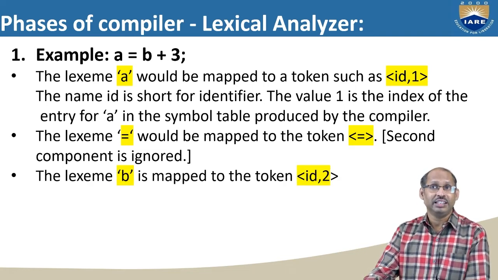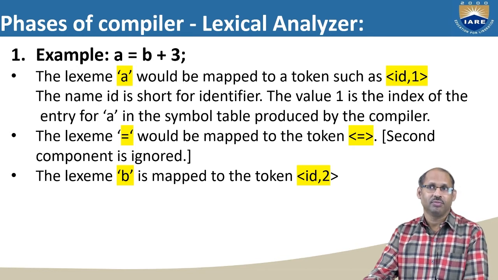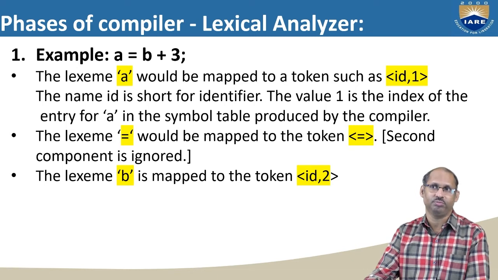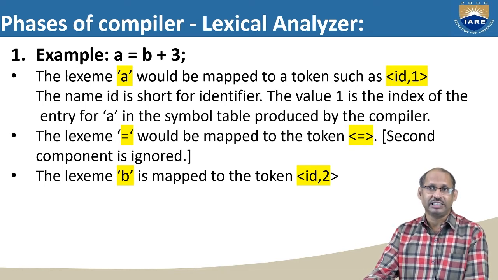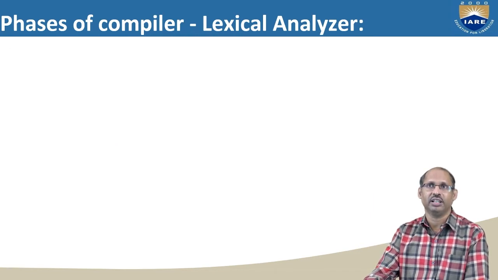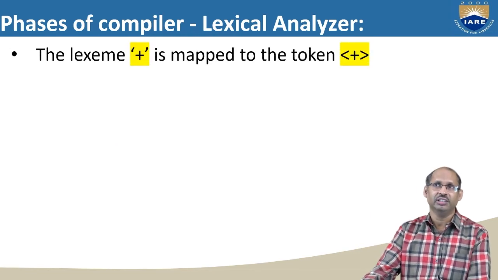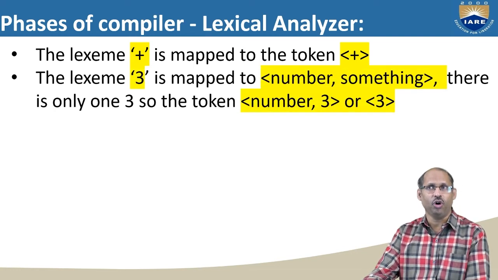Then another input character is B. Here it will be mapped with the identifier and it is stored in the secondary record of the symbol table, and the lexeme B is associated with the token id comma 2, saying that this lexeme is an identifier and it is stored in the record number 2, right?